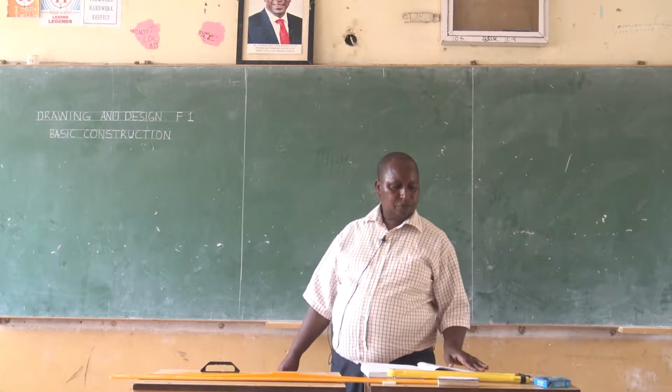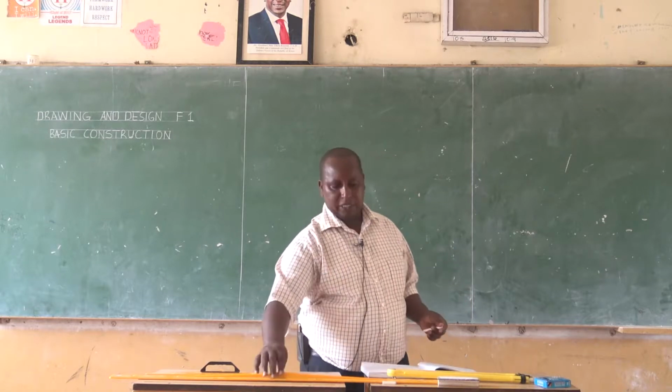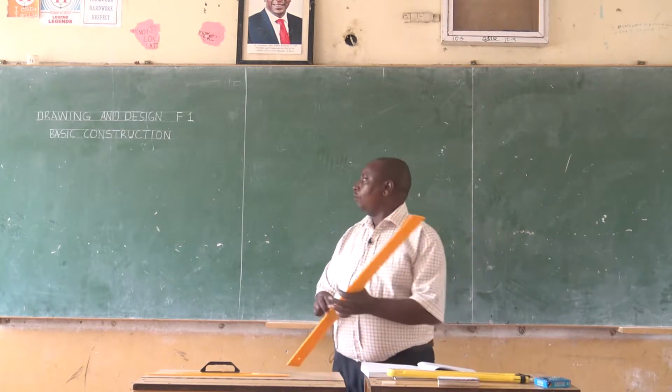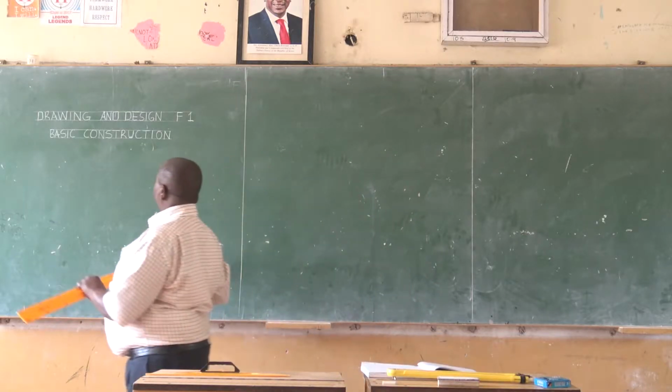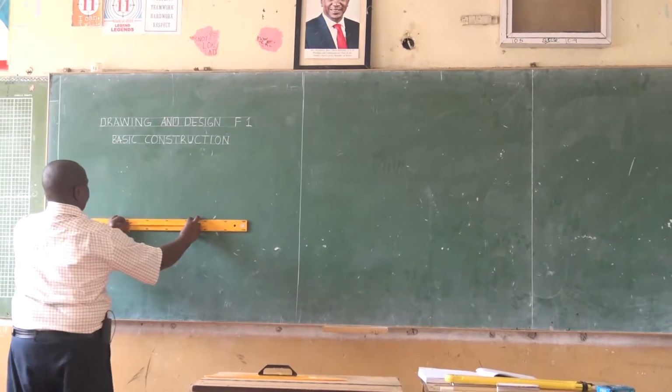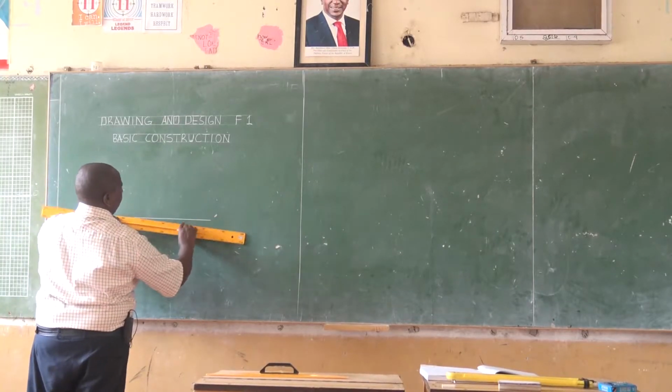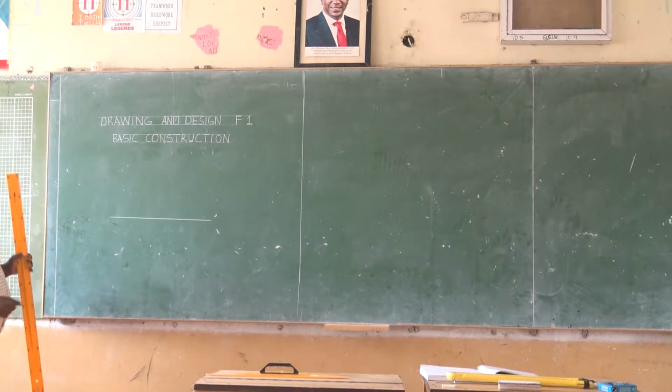Now, there is some prerequisite knowledge that we already know. We already know, for example, how to bisect a line.